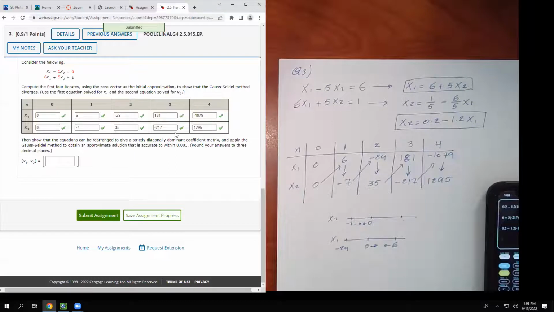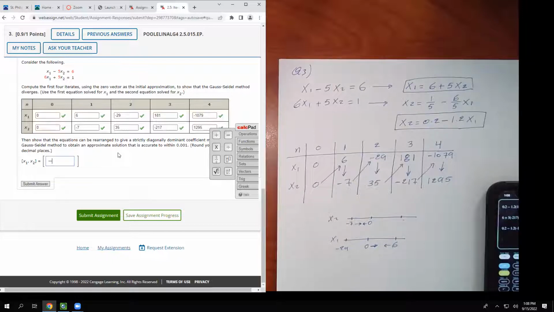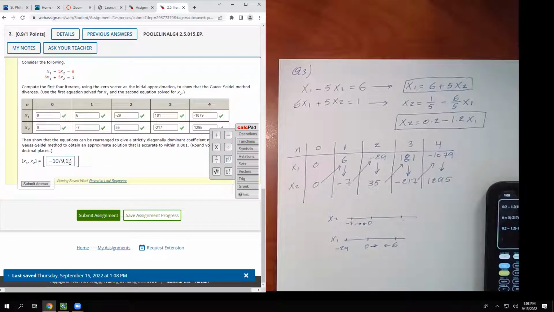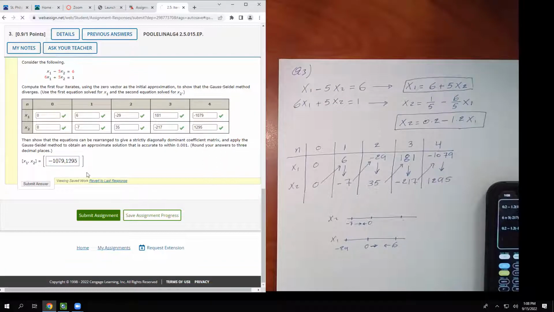There we go. So x1 is going to be negative 1079, comma, and x2 is 1295.